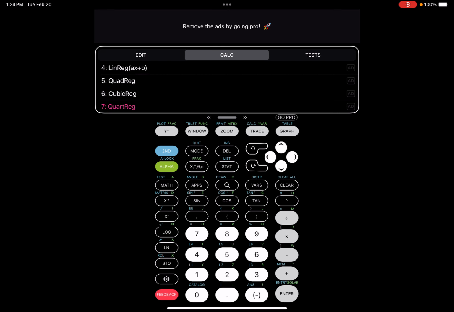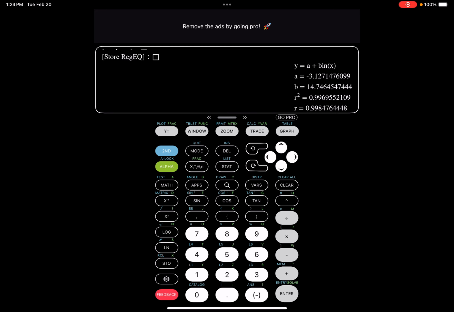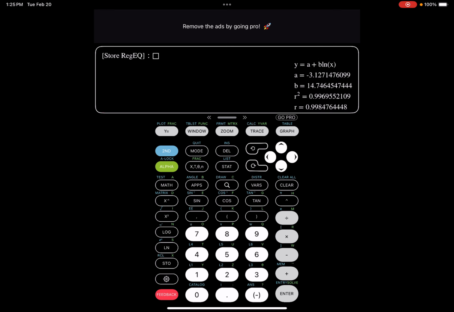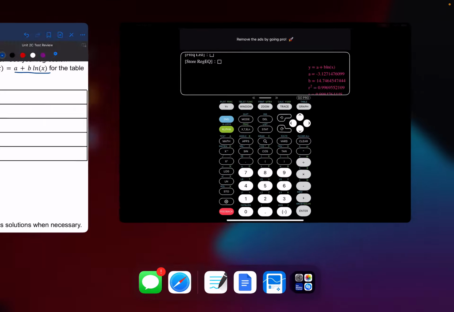Okay. So then after I type this in, I go back into stat and go to calc, and then I want an ln regression. So ln is log base e. I'm doing a log base e regression basically. And then, boom. So the r squared and r I do not need. I just need a plus b ln x. So a is going to be negative 3.13.